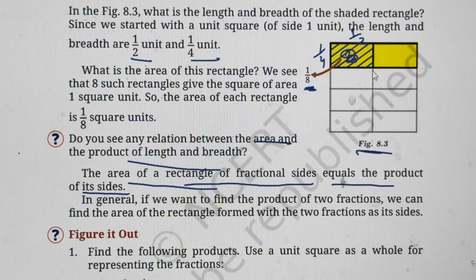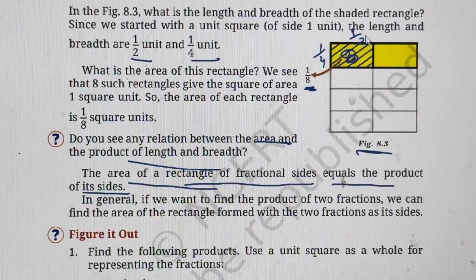Here, if you want to directly know the answer, what is the product of these fractions? This represents half, and this represents 1/4. You can simply say the answer: out of a total of 8 parts, 1 is shaded, so it is 1 upon 8. So they are both related to each other.